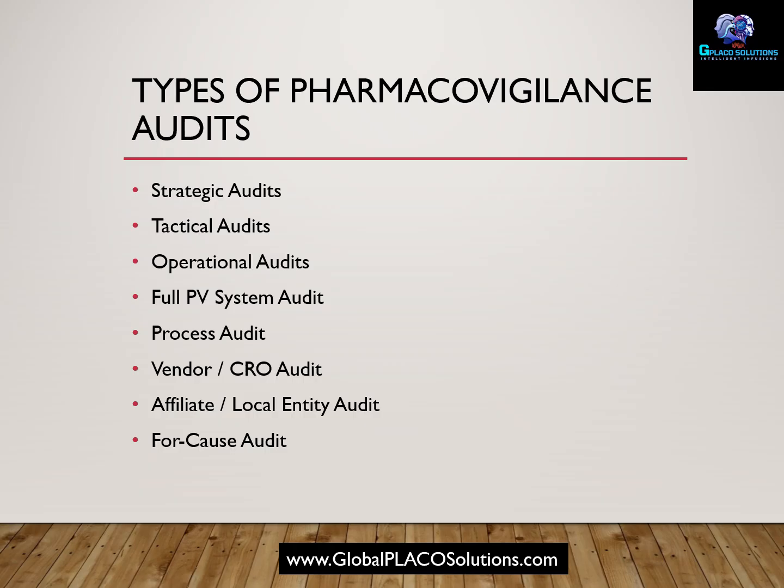So for cause audit is conducted to investigate what are the process or procedures in place and how we can get rid of it or identify and implement certain corrective action and preventive action in place so that it does not get repeated and it does not become a big challenge or issue in terms of inspection readiness.